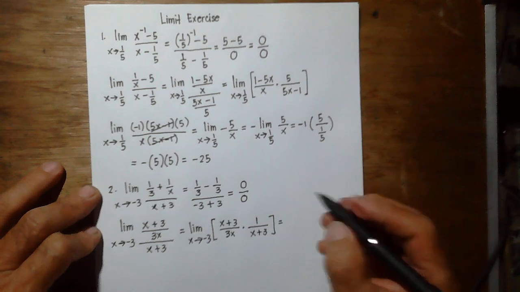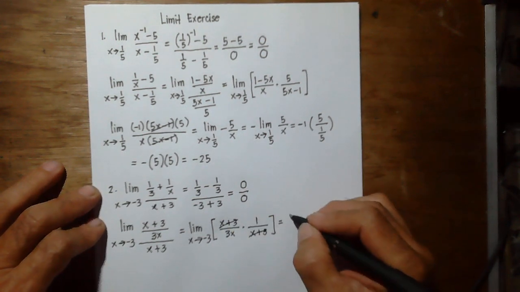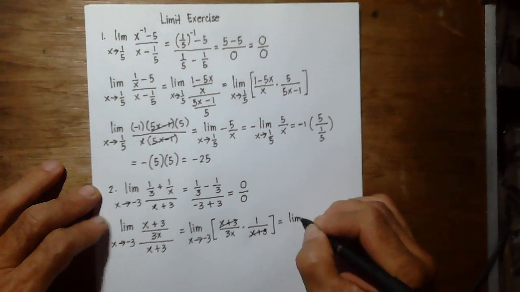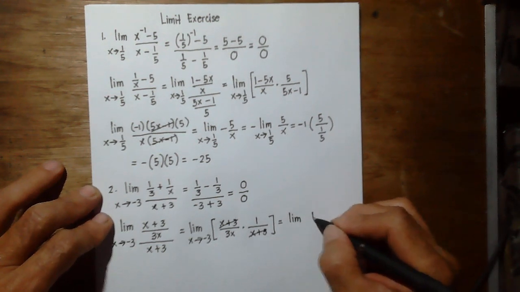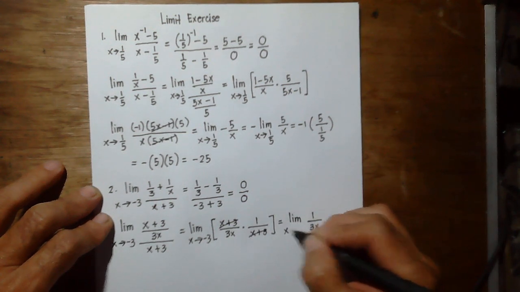Here we can see that we can already cancel x plus 3. So we are left with the limit of 1 over 3x as x approaches negative 3.